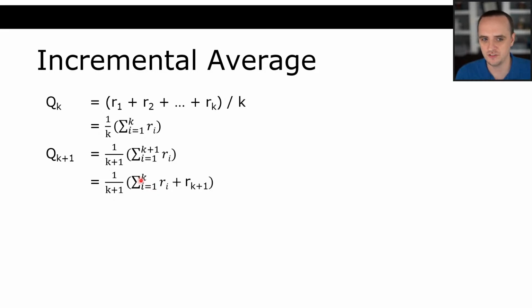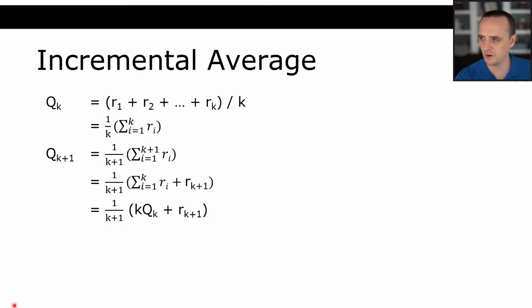So if this is true, then this right here is equal to this, but divided by k, right? If this divided by k is equal to Q_k, then this is equal to k times Q_k.